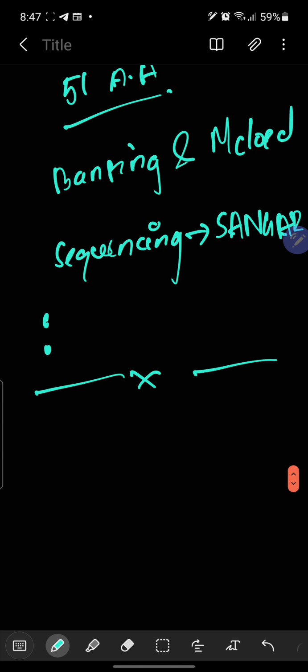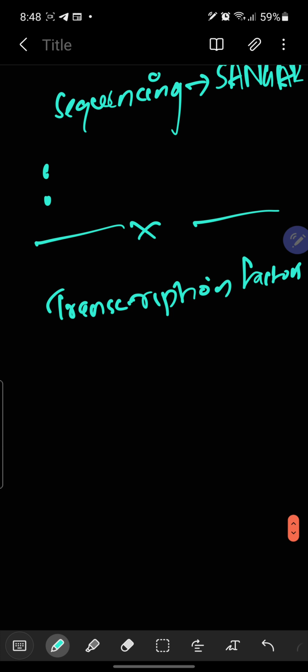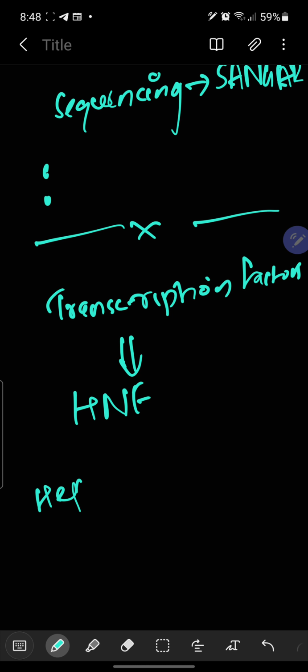Now, for transcription and translation of insulin, certain transcription factors are required. Those transcription factors are HNF, which is called hepatocyte nuclear factor.